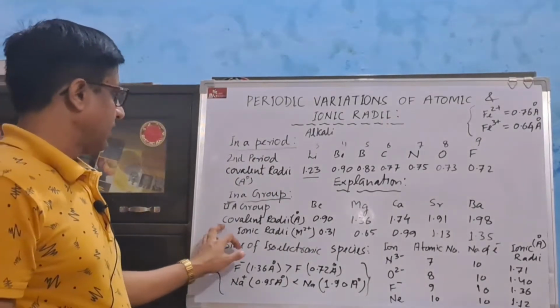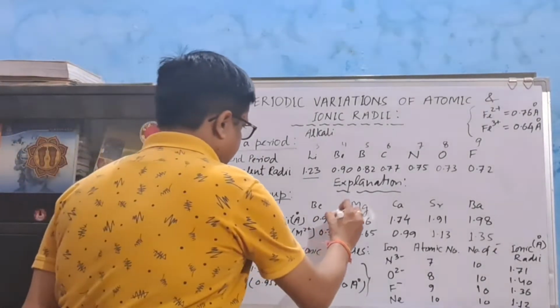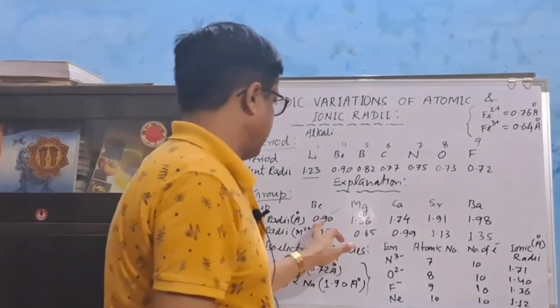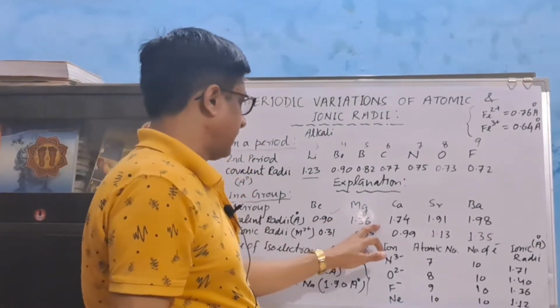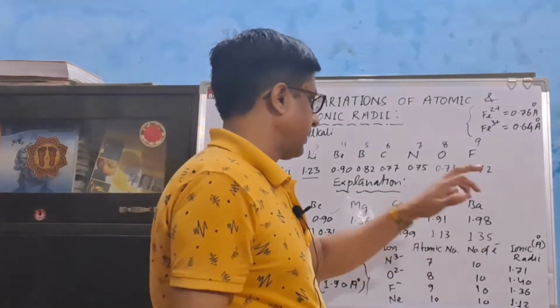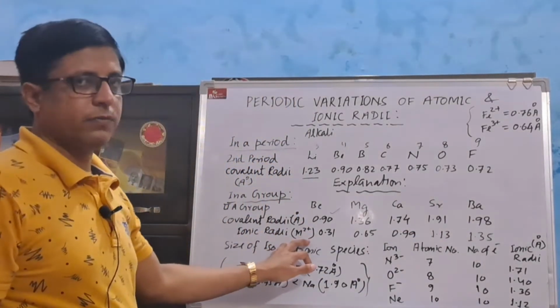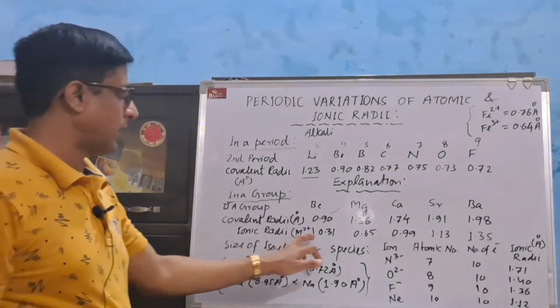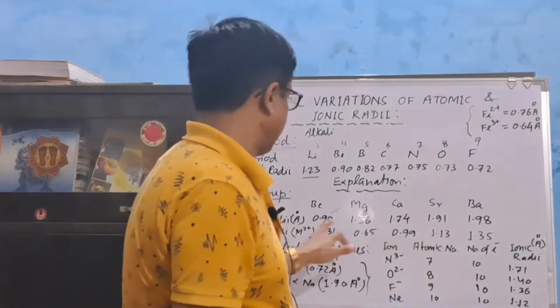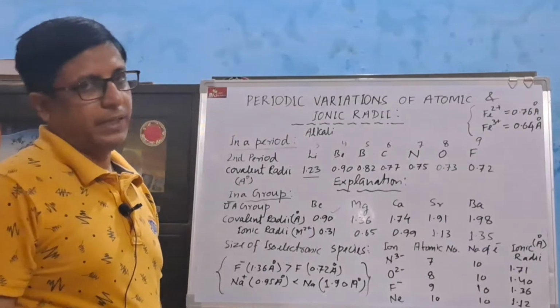Here we can see that covalent radii go on increasing: 0.90 angstrom, 1.36, and barium has 1.98 angstrom. Similarly, ionic radii of divalent cations also go on increasing from beryllium to barium.